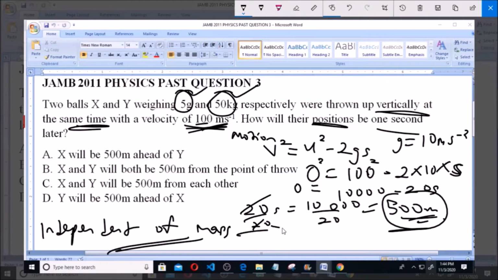So since it is independent of mass, it is safe to say that both objects will have covered the same distance from the position they were thrown from. So that is what is seen here in option B. X and Y will both be 500 meters from the point of throw. So this is the answer to this question.